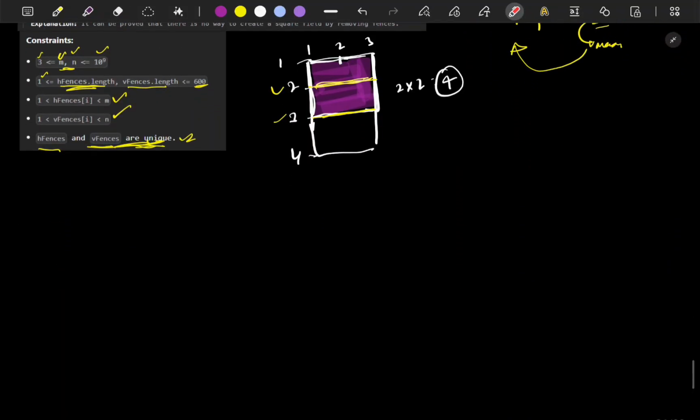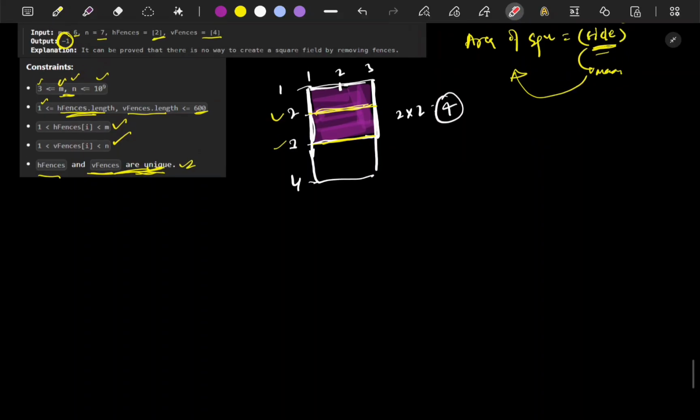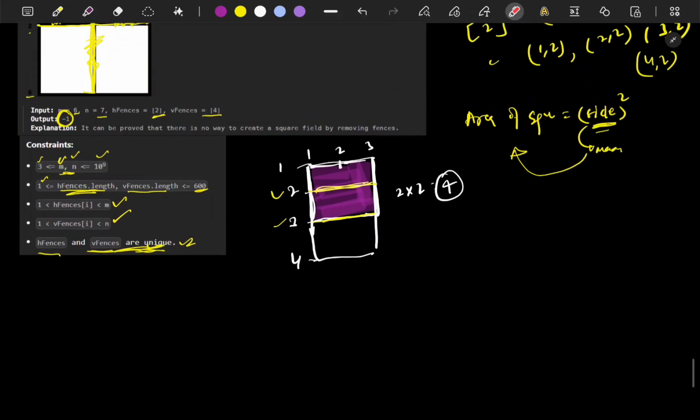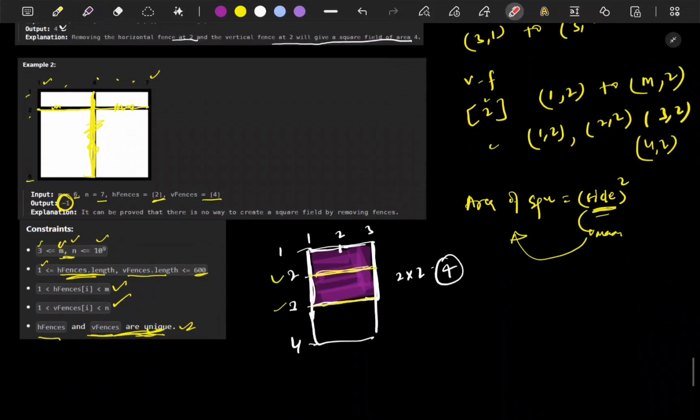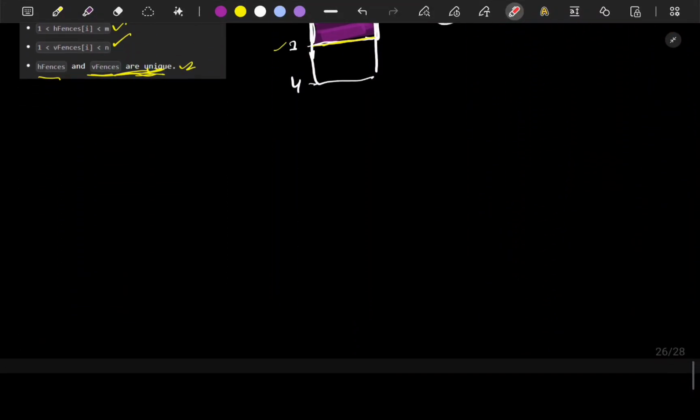If you got a little bit of an idea, a square has both sides equal. And how can we get both sides? Let me help you understand through one example.